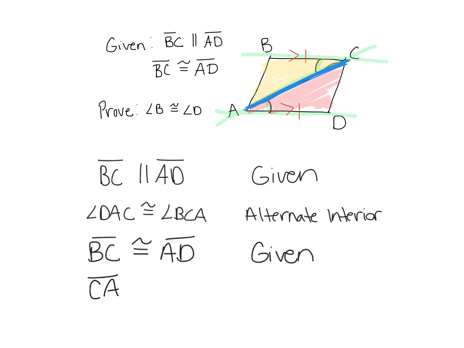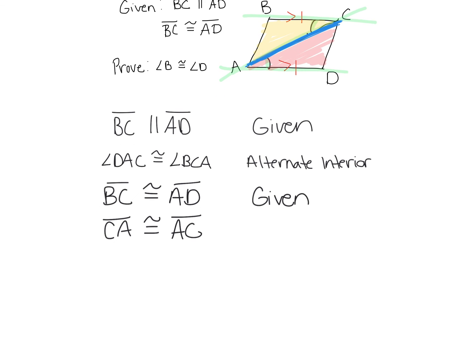So CA, okay, it starts with a curve, so in my red triangle I need to start with the curve. That's AC. Okay. Since those letters are flip-flopped, that's going to be my symmetric property. Okay. And now I have enough information to prove my triangles.